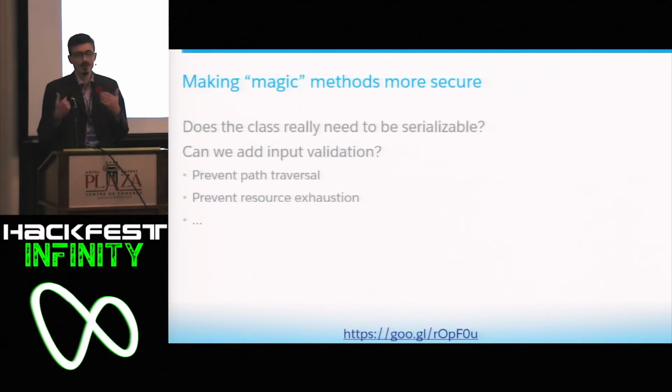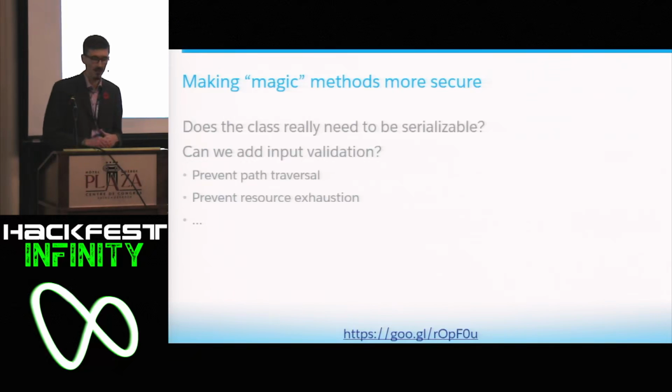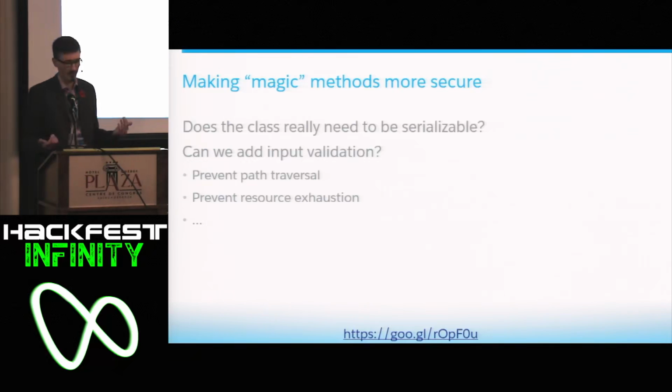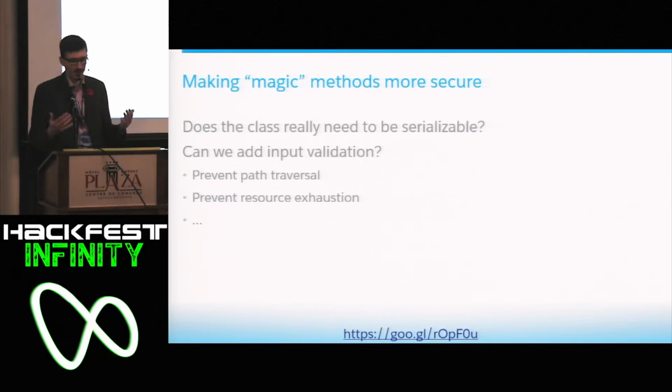Why don't we do input validation on the first line of the readObject method? There's nothing preventing us from doing that. For instance, if you were handling files in that readObject method, we could make sure we don't have path traversal. If we are creating a new array, we could make sure we restrict the resources, we can catch the exception early, a lot of things we can do.